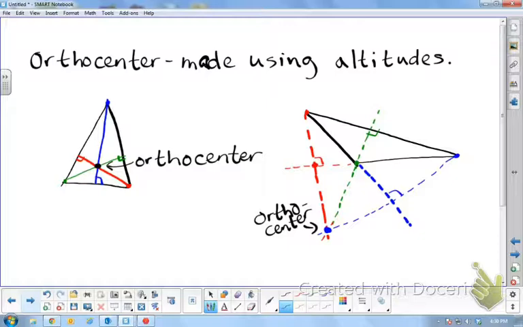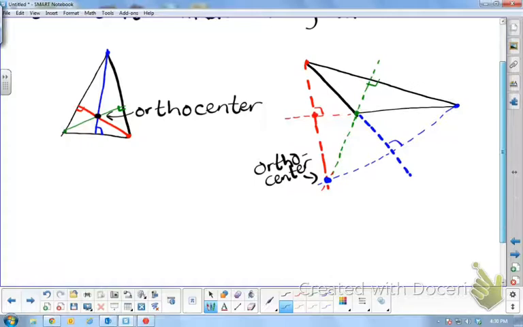So the orthocenter was made using the altitudes. The second one is called an incenter, and it's made using the angle bisectors.